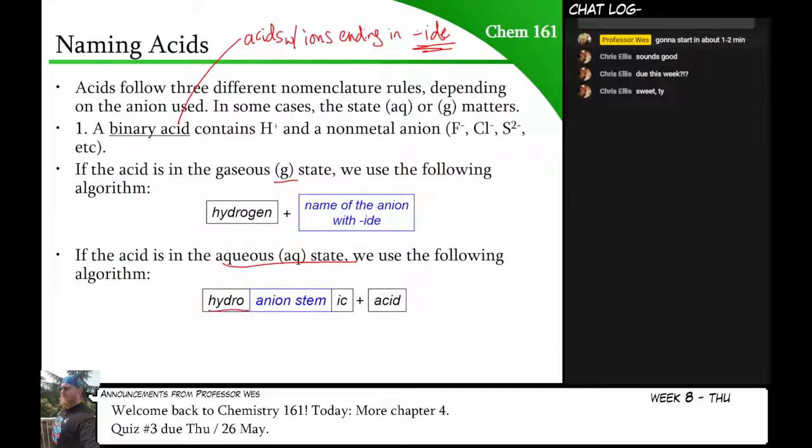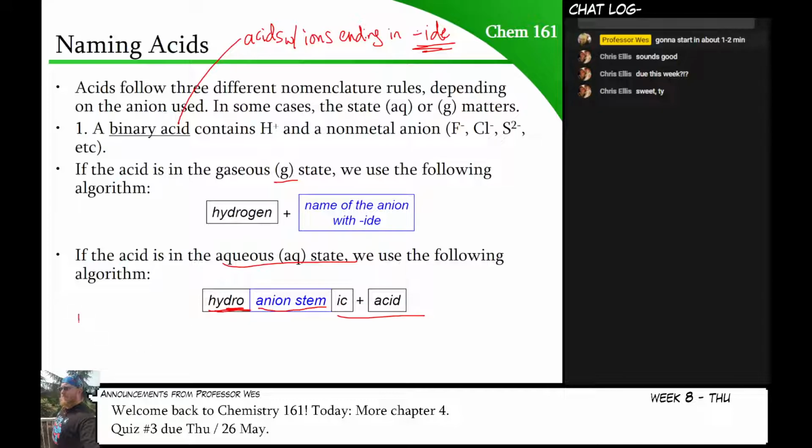We use the word hydro, and then we put the stem of the ion in there, so sulfide would become sulf, chloride would become chlor, iodide would become iod. Things like that. And then you add ic acid.